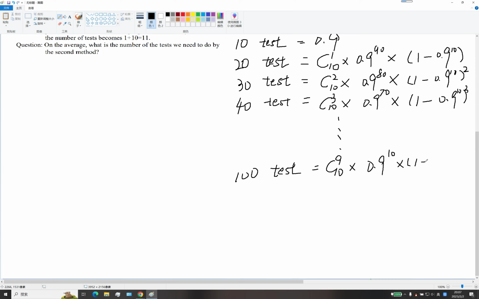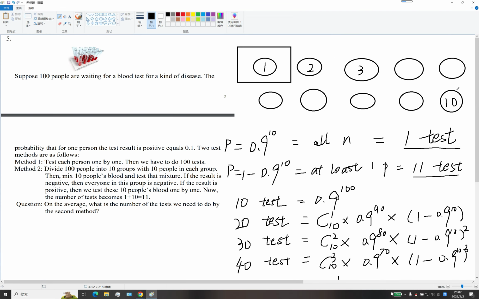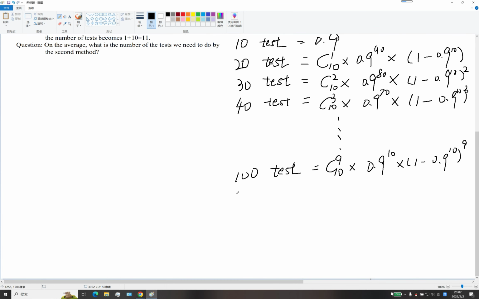Then we should multiply by the probability that 9 groups are positive. Also, if all 10 of the 10 groups have a positive, then we should do 110 tests.